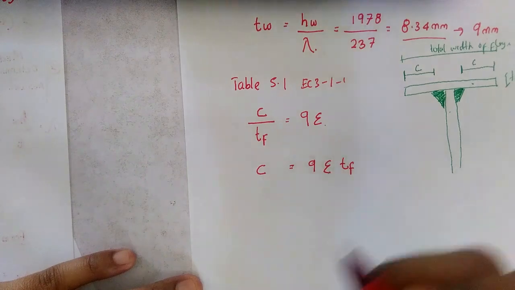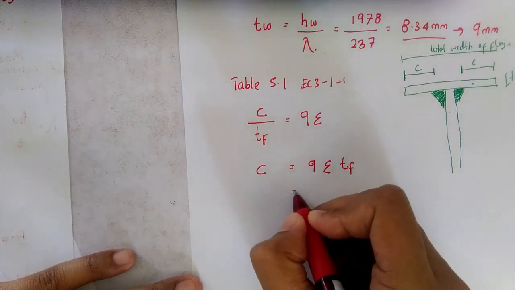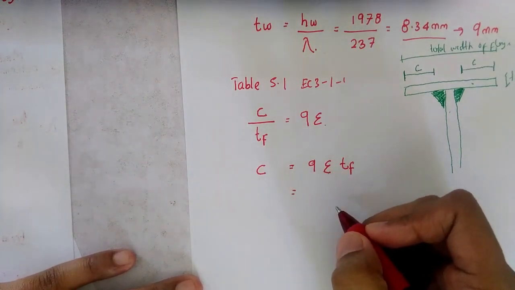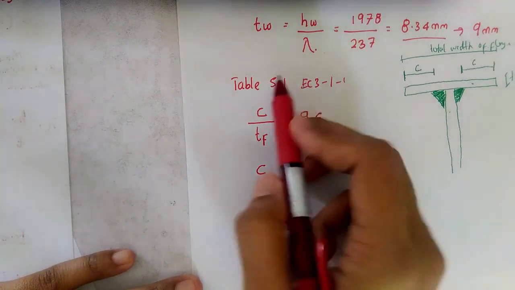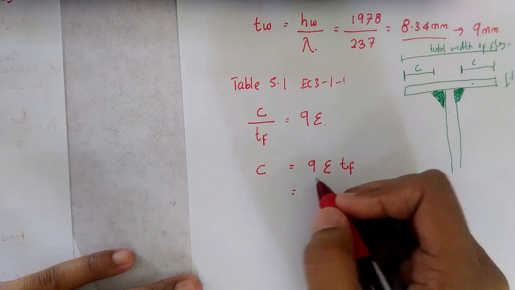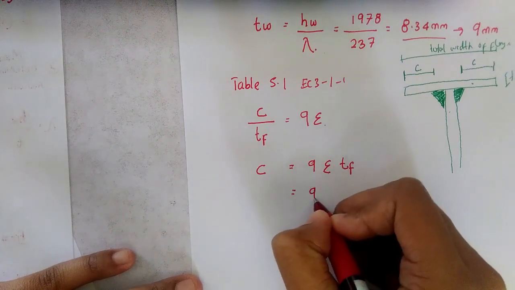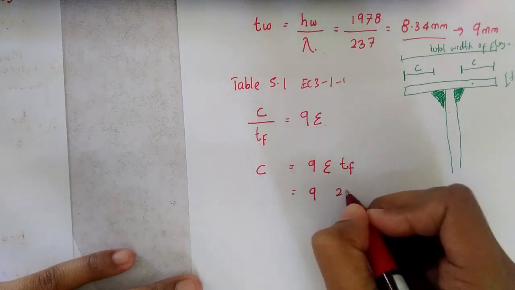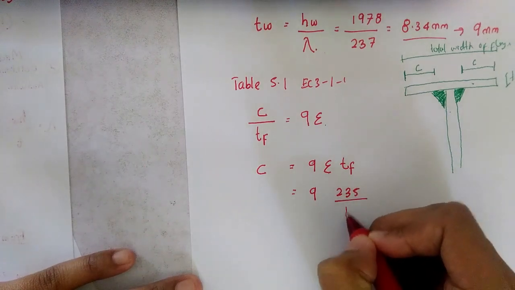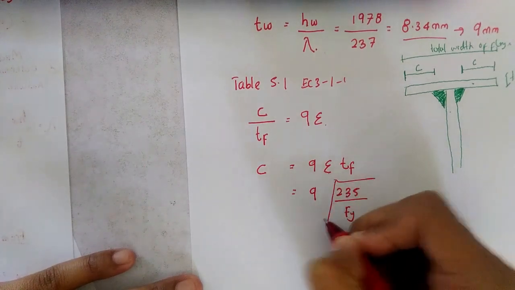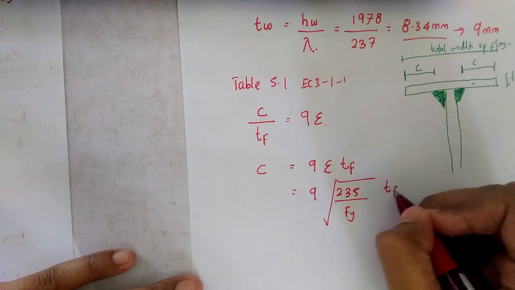So what is your epsilon? Based on the previous examples or the previous lecture in chapter 1, or you can refer to the table of section classification: 9 times the square root of 235 over whatever your steel grade is, and then times the thickness of the flange.